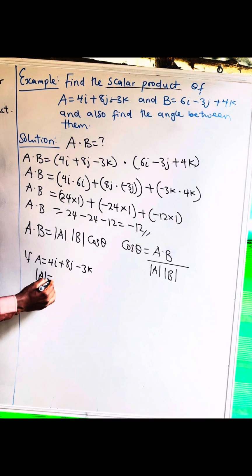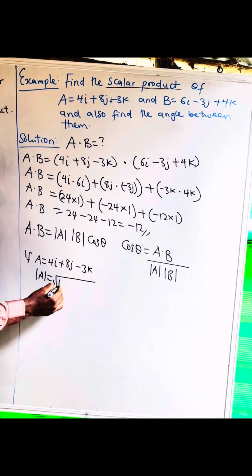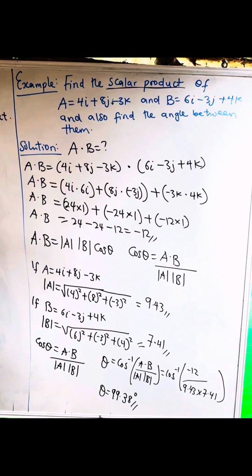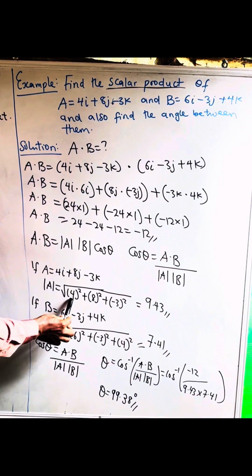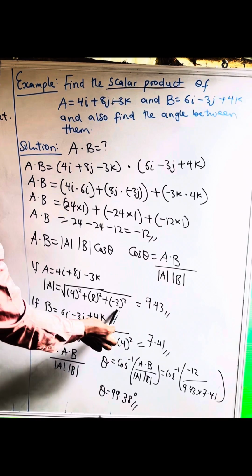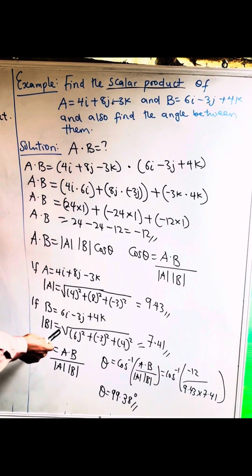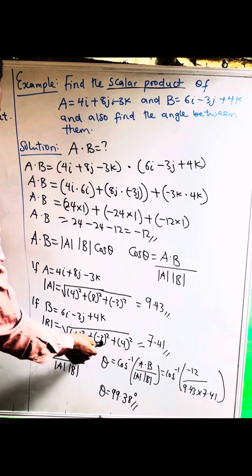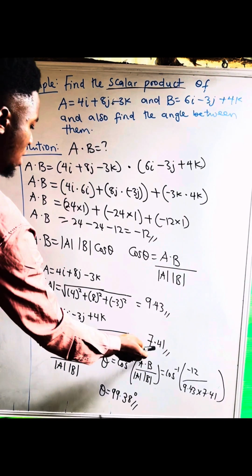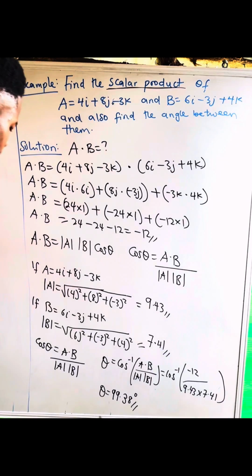The magnitude of A will equal the square root of 4 squared plus 8 squared plus minus 3 squared. The magnitude of A would give us 9.43. The magnitude of B will equal the square root of 6 squared plus minus 3 squared plus 4 squared. We are going to get 7.41.